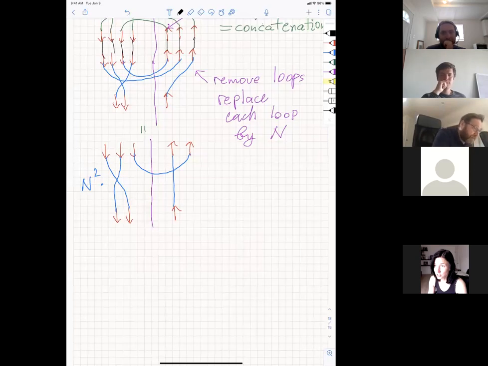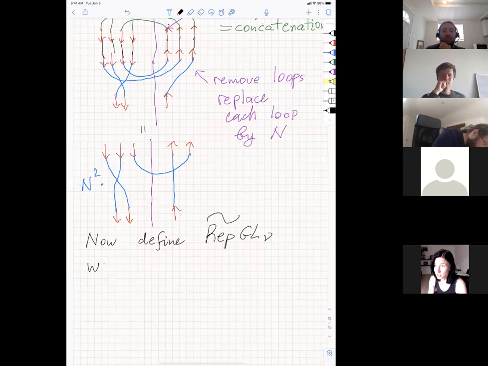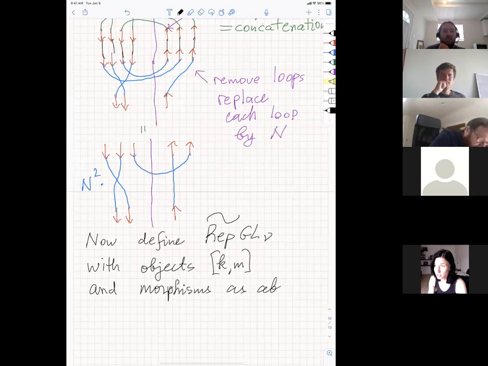So now I can define the category rep GL nu tilde with objects K M and morphisms as above.